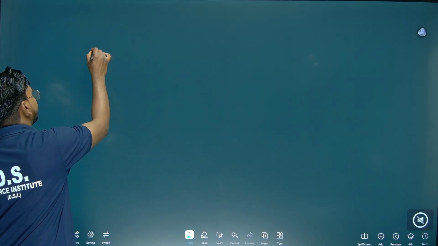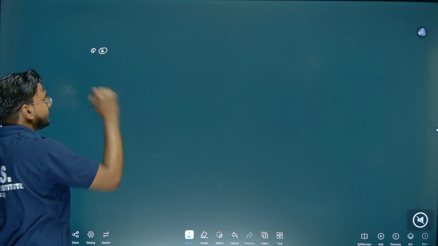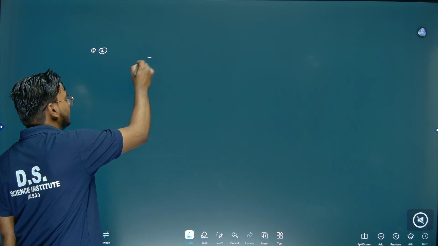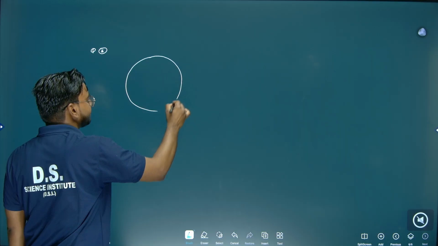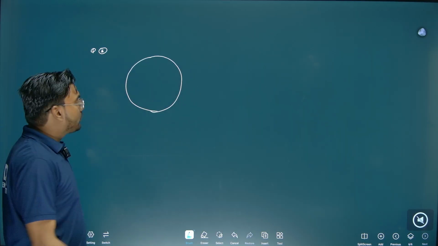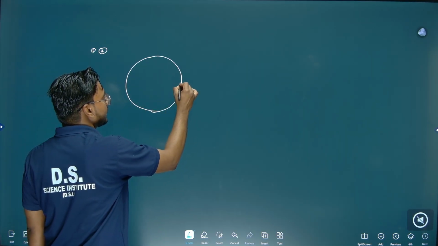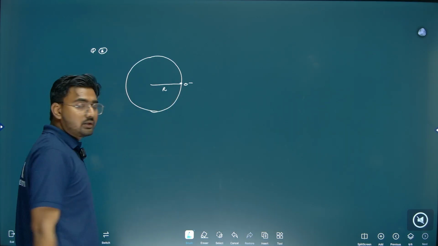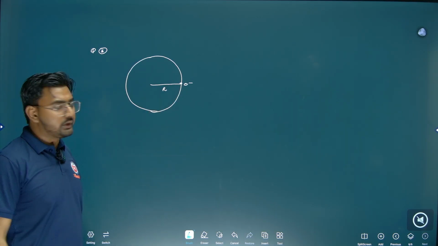In the same way, we are considering a second numerical. In this situation, we are given that one electron is revolving in a circular path of radius R, moving with velocity v.